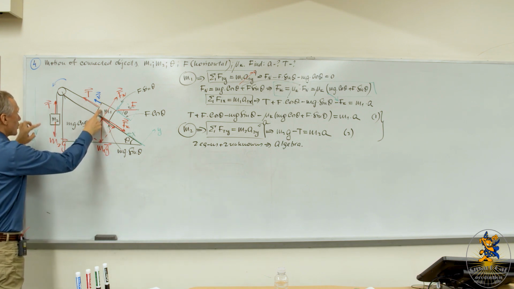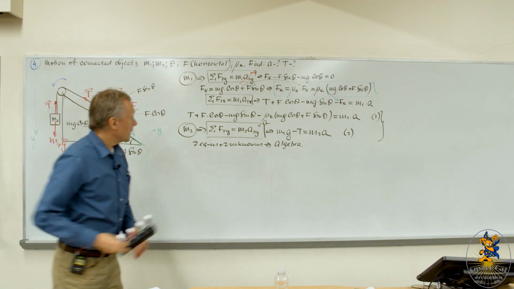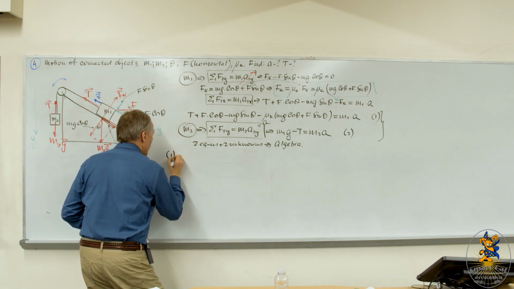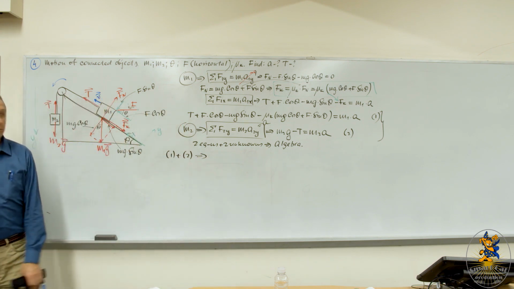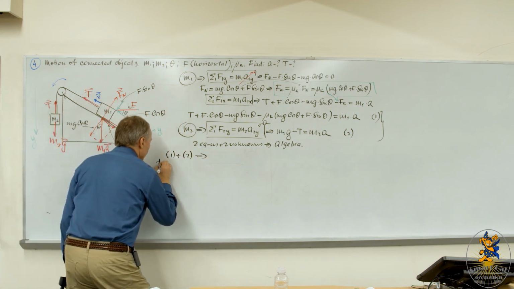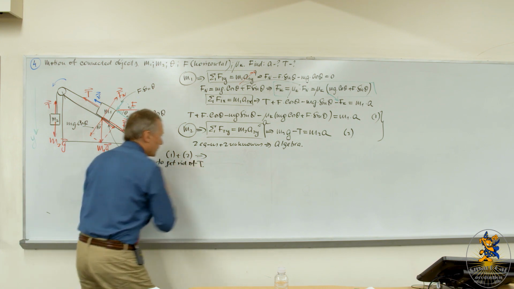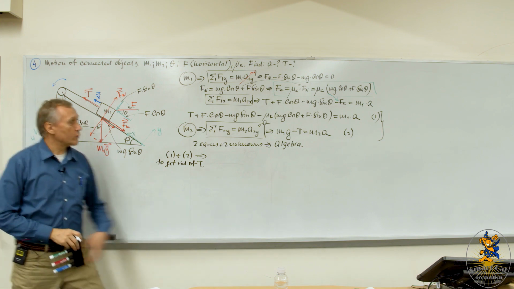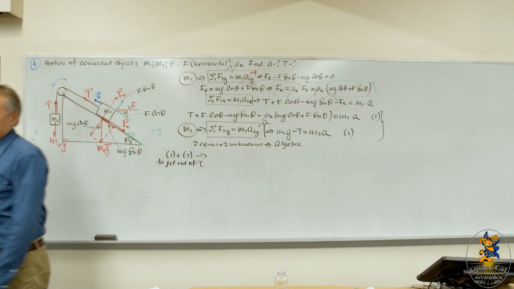This acceleration of this object and acceleration of that object must be the same in absolute value, in magnitude. Okay, so now let me add equation number 1 and equation number 2 to get rid of tension, to get rid of T. Okay? But of course, if you extract tension from here and plug it into the first equation, it will be the same.